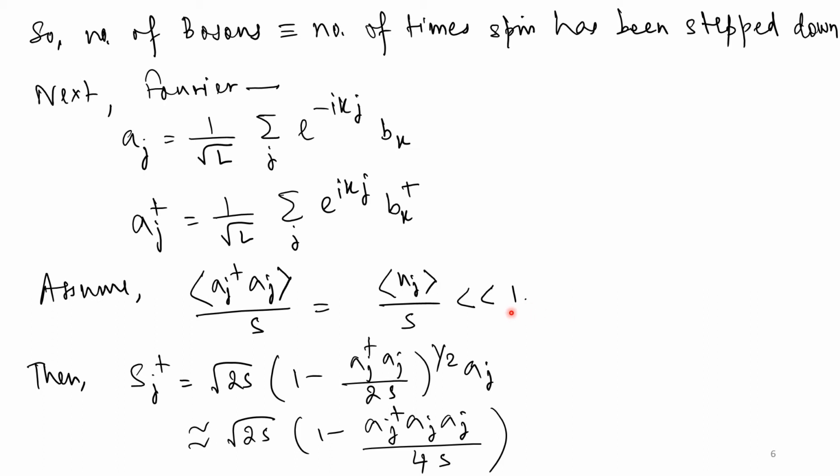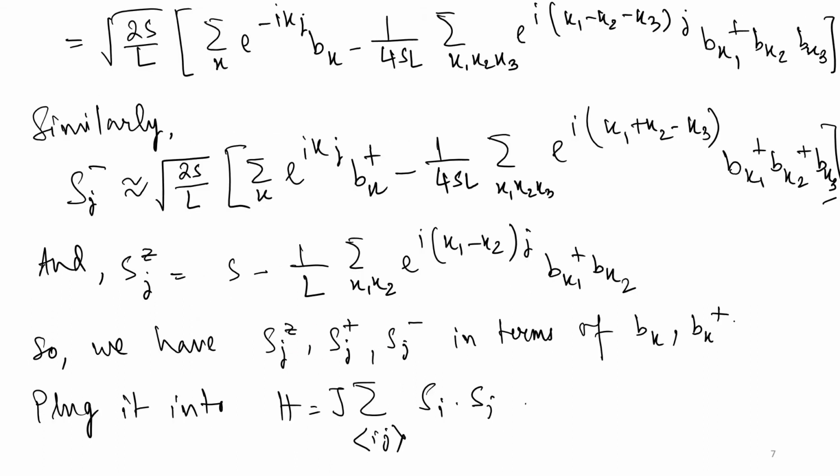You can easily understand why we are assuming this, because the moment we assume this, we can just do a binomial expansion here and truncate this series. So this is not strictly necessary, it's just convenient for this calculation. Otherwise, you just have to keep going to higher and higher orders. Okay, good. Once you have done that, you plug it into S plus, that A, and in the place of A, you plug in the Fourier form. That's why, as you had 3 A operators, you will have 3 B operators with the appropriate exponential term.